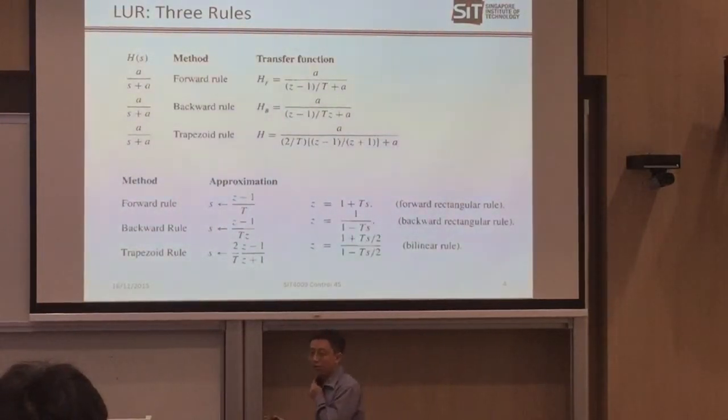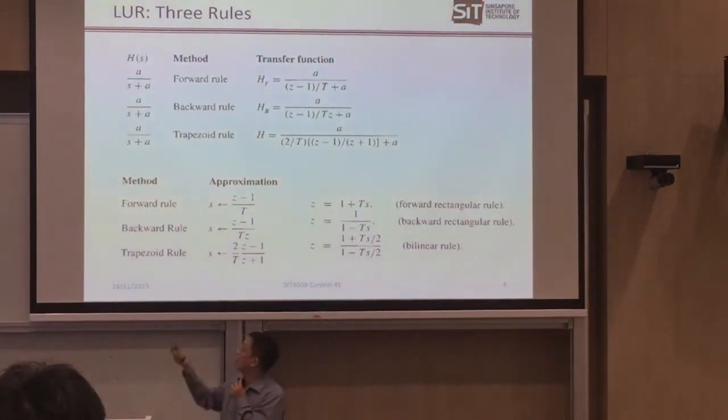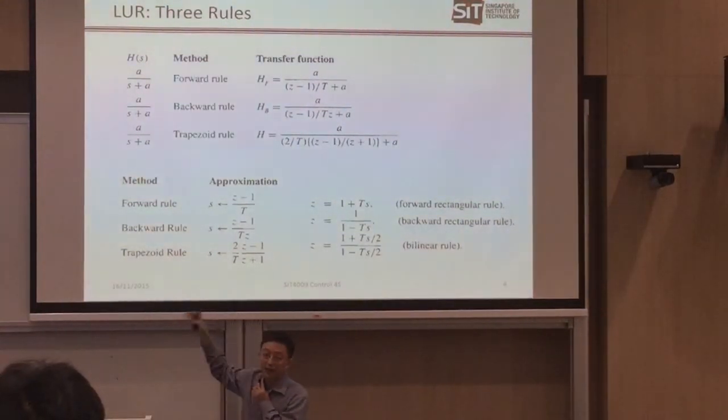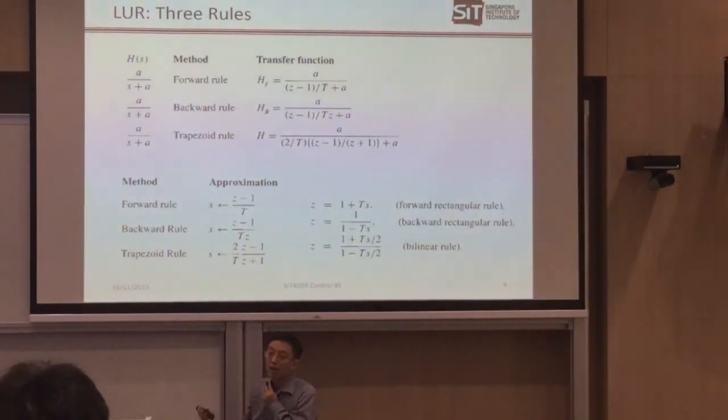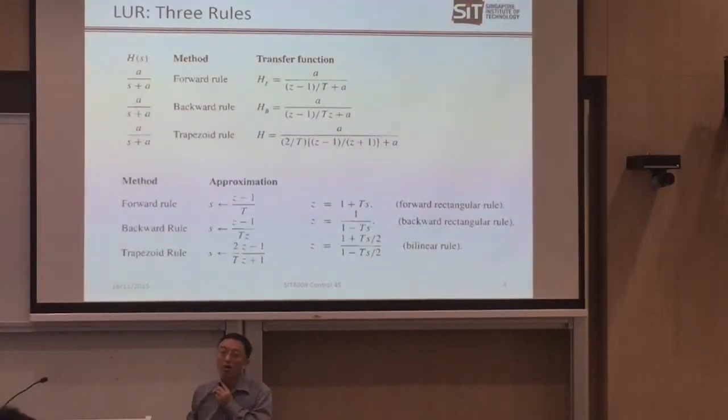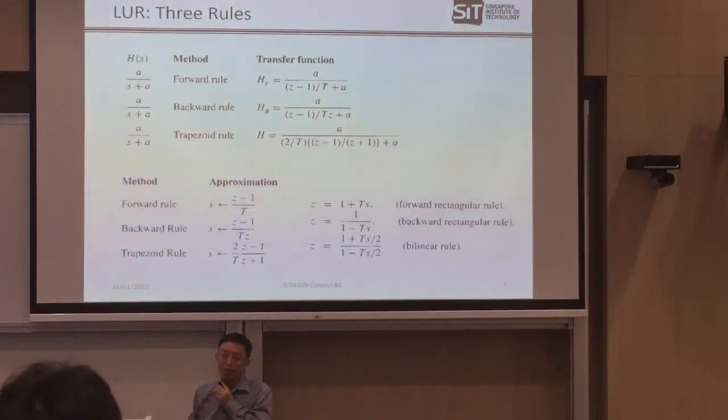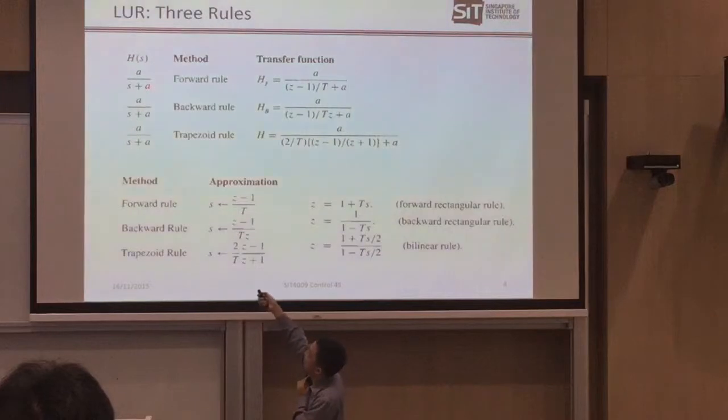It is not necessarily a stable domain, because that will map to all the left-hand side of your positive one. Sometimes your s function is a stable function because your poles are all on the negative side, but that does not necessarily mean it converts to within your unit circle. You need to keep this in mind.